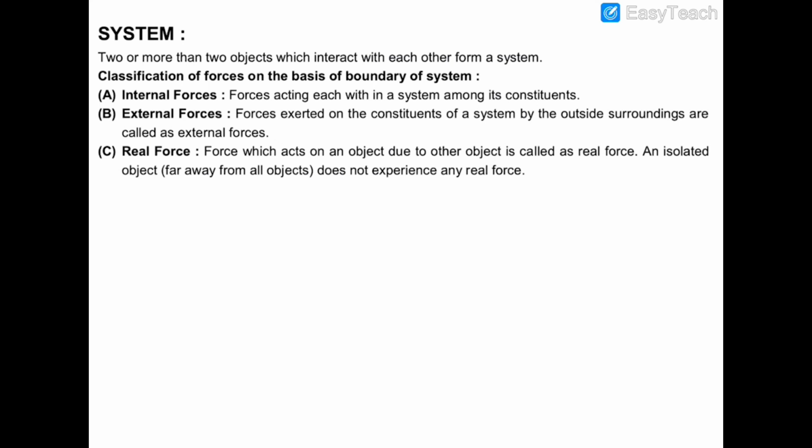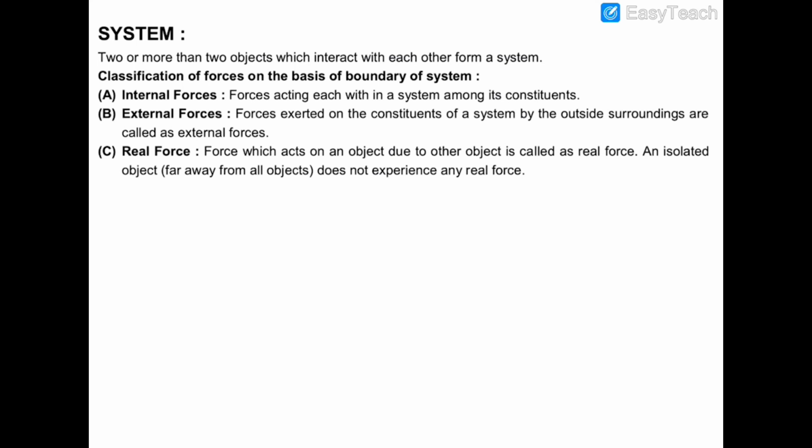How many types of forces are there in a system? There are internal forces, which act inside the system among the components of the system, and external forces, which act on the system from outside the system.